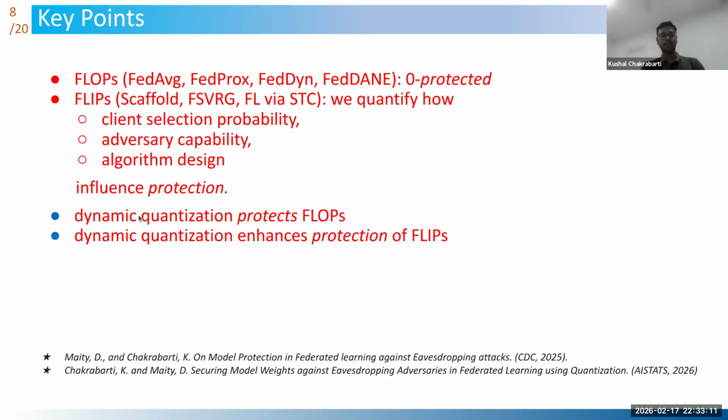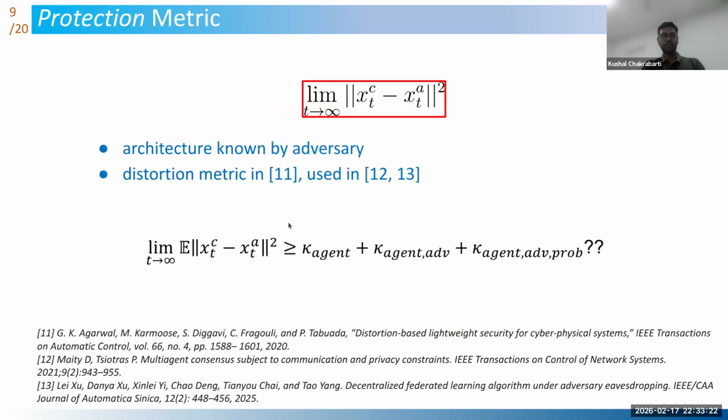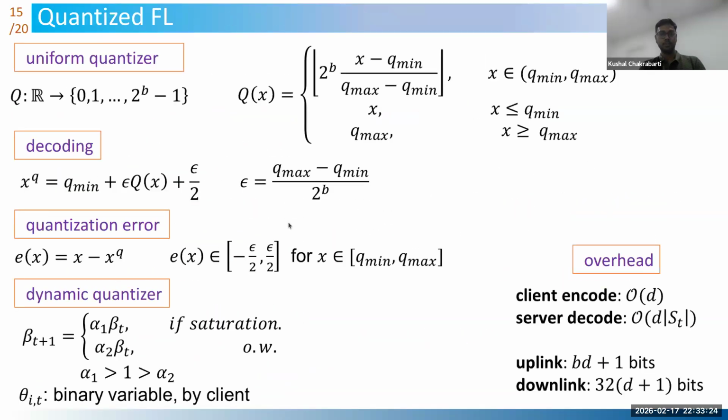To answer that question, that brings me to the second part of the talk, where we'll utilize quantization to improve this protection. Quantization, as we all know, is primarily a mechanism for saving the amount of communication that is being sent in this federated learning scenario from the client to the server, and also back from server to client.